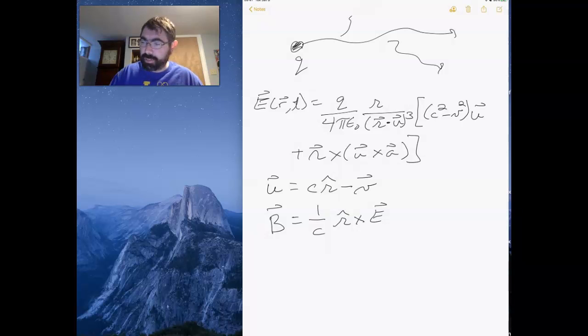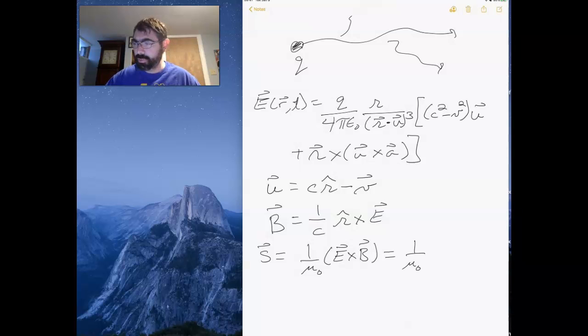And we can write the Poynting vector as 1 over mu 0, the electric field crossed into the magnetic field, which in this case would be 1 over mu 0, the electric field crossed into the propagation vector crossed into the electric field again.